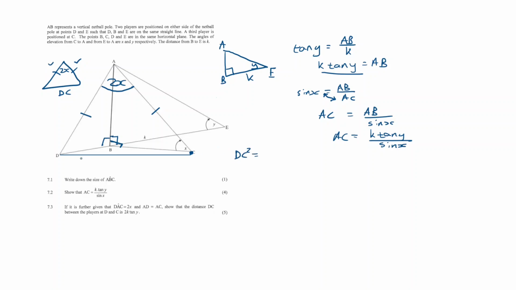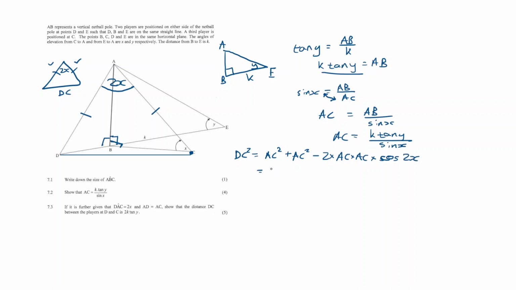How does it look? DC squared, the opposite side squared, is equal to one side squared, AC squared, plus the other side squared. I'm just going to also call it AC because AD equals AC, just so I have fewer letters, minus 2 times those two sides times cos of the angle in between. I'm going to neaten this up a little bit.